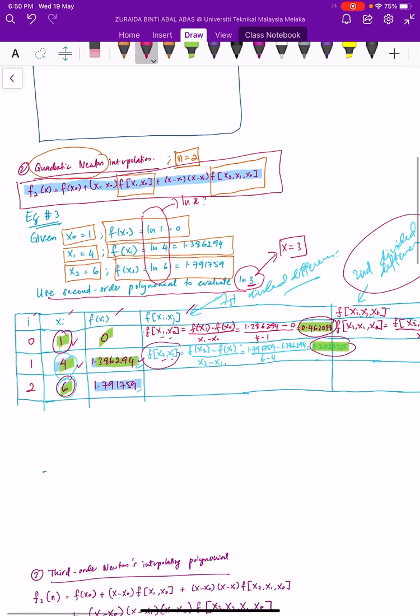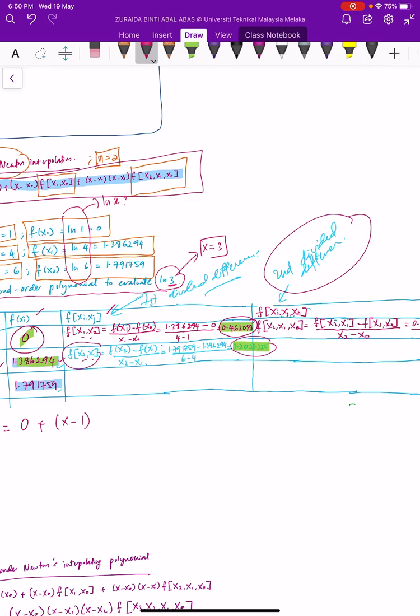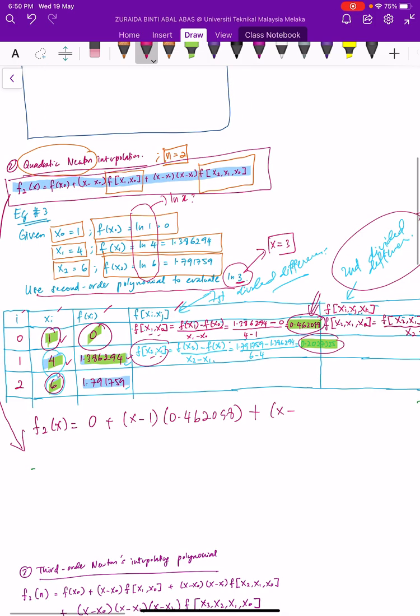When you plug into the formula, you will get f2(x) equal to f(x0), which is 0, plus x minus x0, where x0 is 1, times your first divided difference, which is 0.462098.